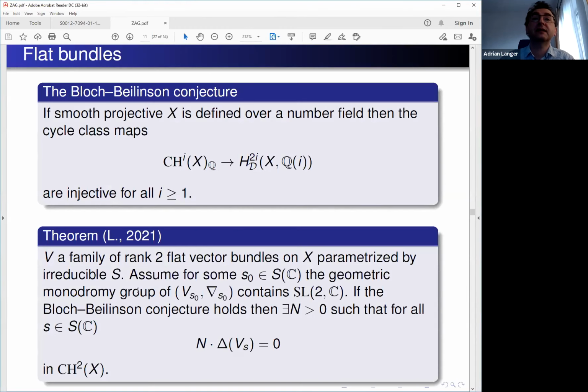You see that this result says that n times the discriminant is equal to 0, but it doesn't really mean that n times the second Chern class of this V_s is equal to 0. Actually it is easy to see that second Chern classes do not need to be torsion. It's really the discriminant, something that is independent of the twist by a line bundle, that is torsion.